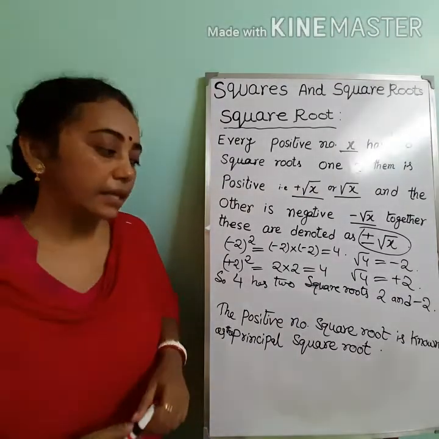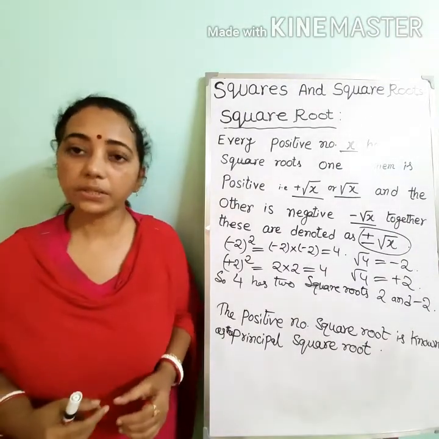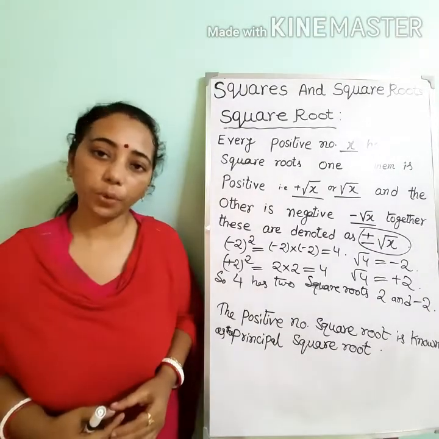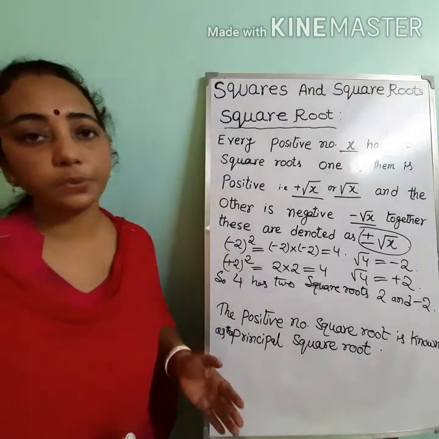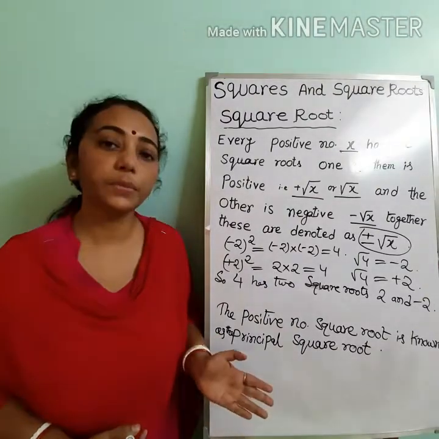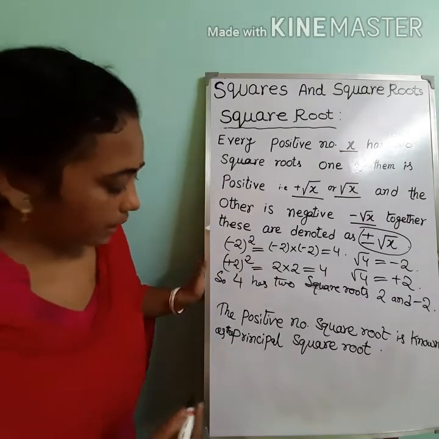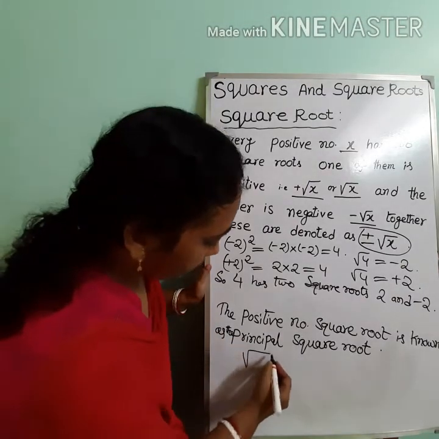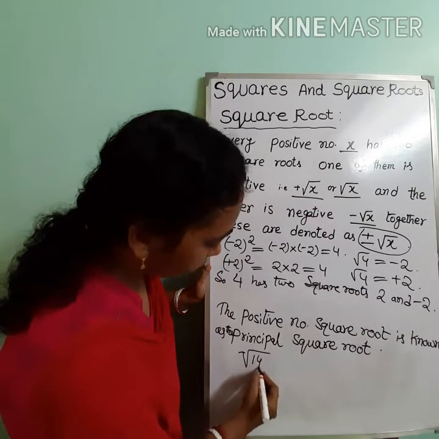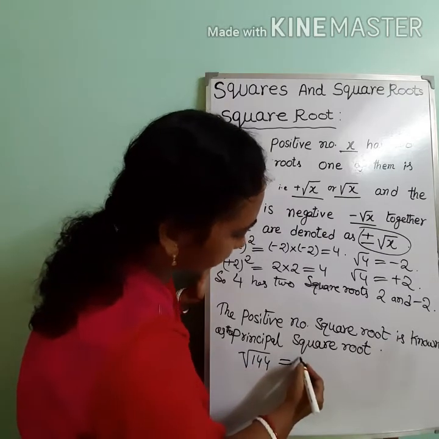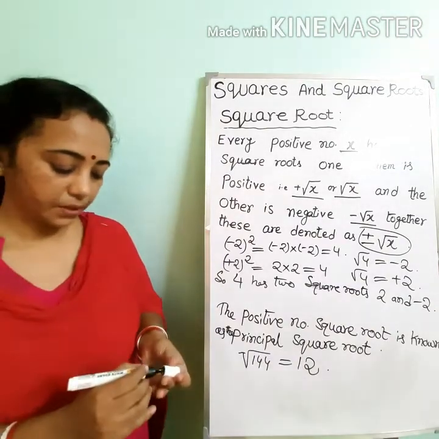If nothing is mentioned, then the square root of a number refers only to the positive square root. So in this chapter we shall take up the positive square root of numbers. For example, if I write the square root of 144, then we will only write 12. We will not write the negative number.